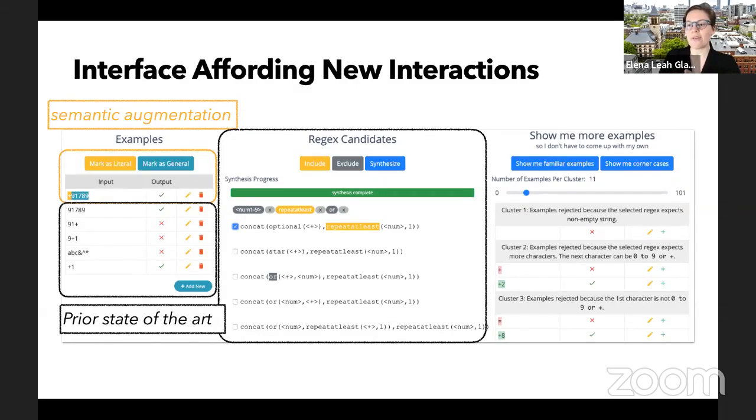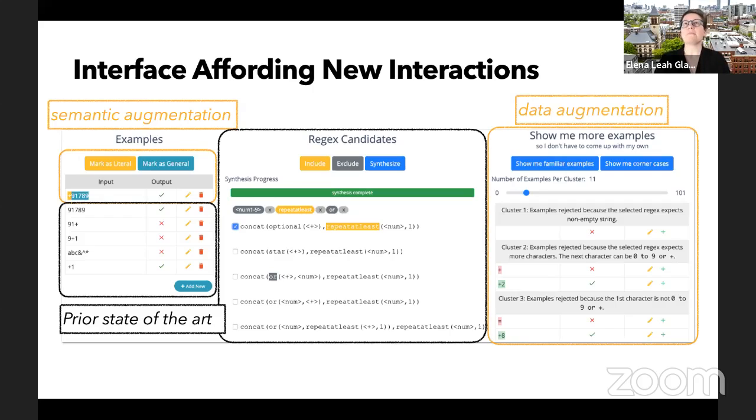To say, you know, I don't actually care that this first number is a 9. I'm generalizing this to a certain class, and there's a little pop-up button when you mark something as general. It's just like, how general, right? Any character, this character class. That light annotation turns a single example into a much more powerful example.